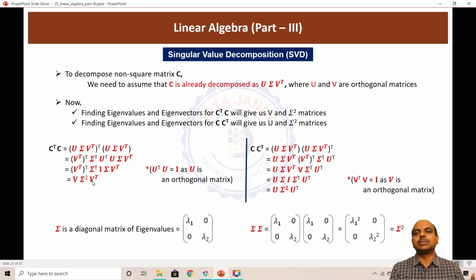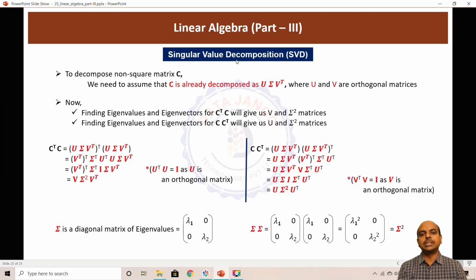Lambda is nothing but sigma square. If you have to find sigma, it is equal to the square root of lambda. We already said that V and U are orthogonal matrices, so whether you put inverse or transpose here, it doesn't matter.